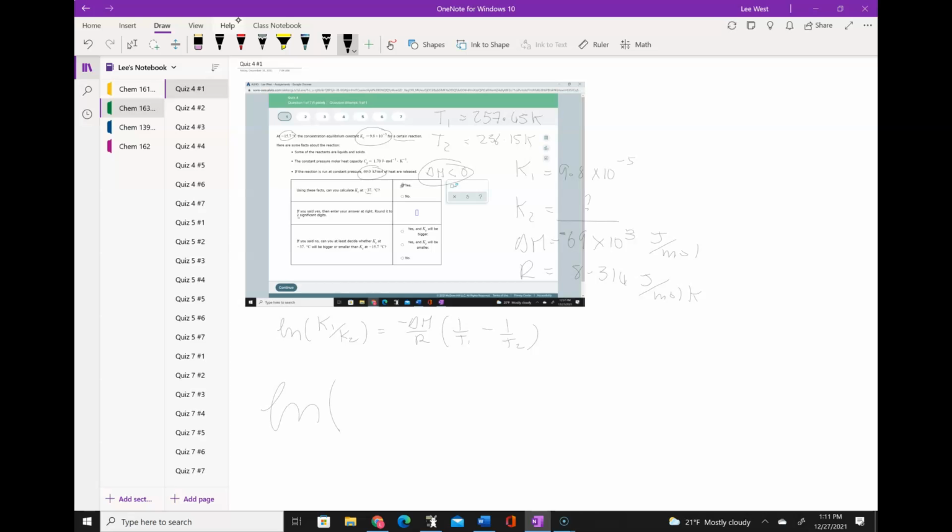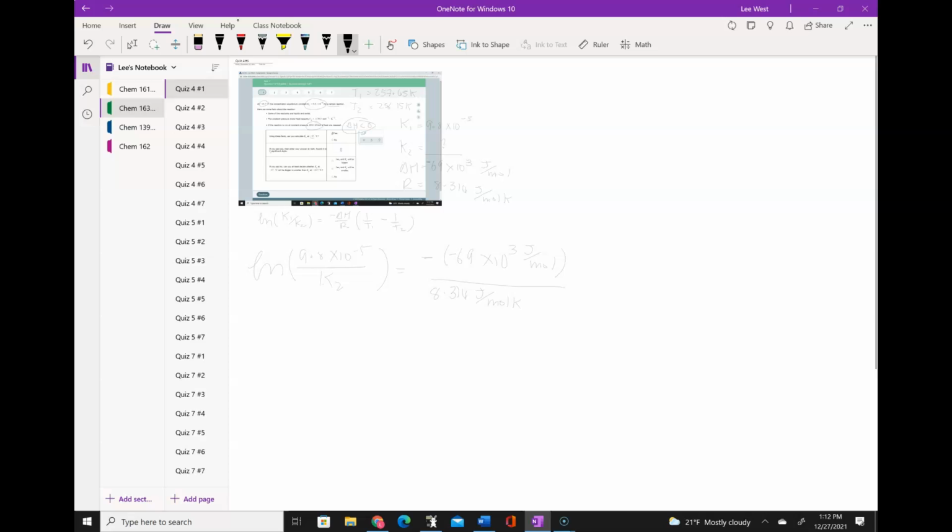So log of K1, 9.8 by 10 to the minus 5, over K2 is equal to negative of delta H, which is negative of minus 69, because that's not really in scientific notation, is it? I just was converting from kilojoules, times 10 to the 3 joules per mole, divided by 8.314 joules per mole per degree Kelvin.